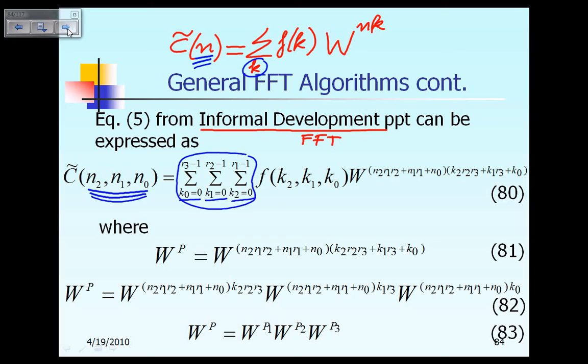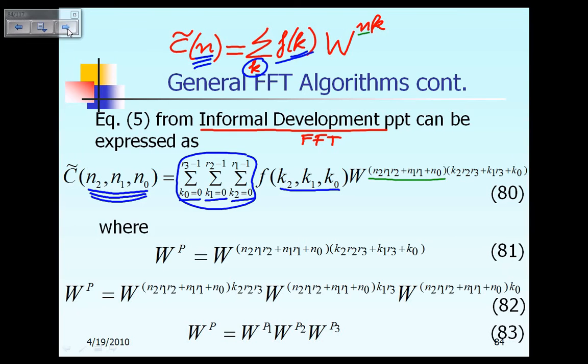Same thing, the periodic function f at the discretized time k, where k is also expressed in terms of the indices k2, k1, k0. And finally, w raised to the power n, that small n is replaced by the first parenthesis that I show you in equation 80.